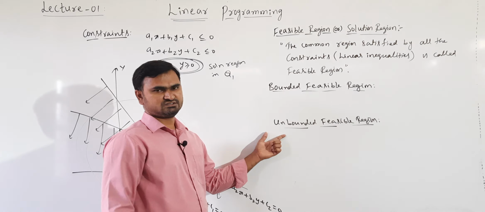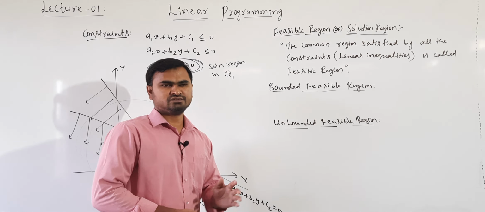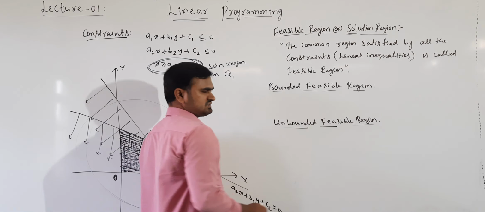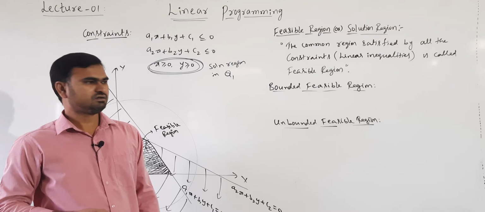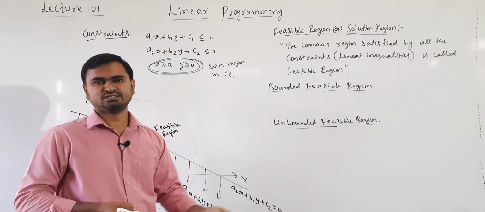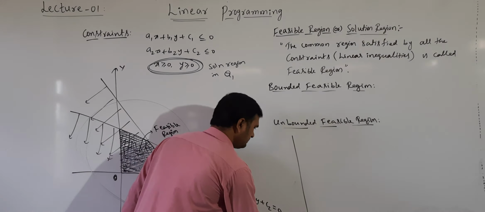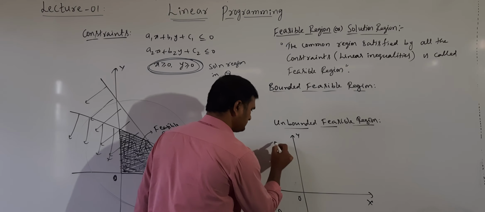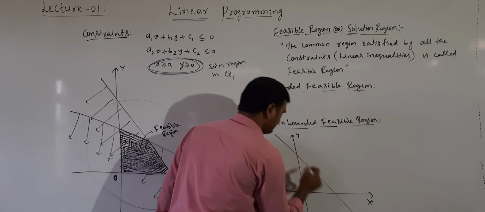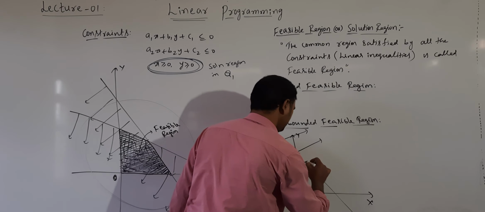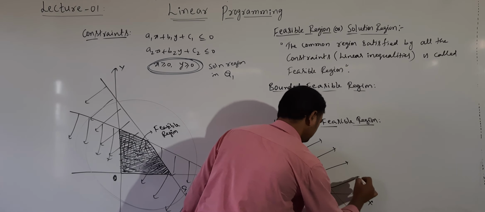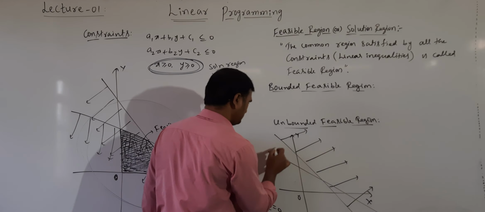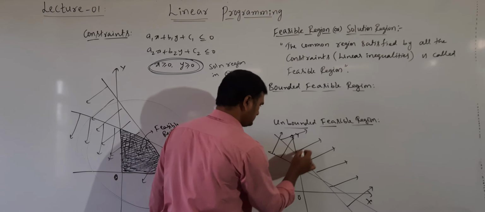Now what is unbounded? Unbounded means there are no boundaries, and it can extend up to infinity. So that is called an unbounded region, where it is not possible to enclose that feasible region in the form of a closed diagram. So if I take a diagram like this, suppose we need the region above this first line, for example, and there is another line, suppose this is the second line, and we need the region above this second line also.